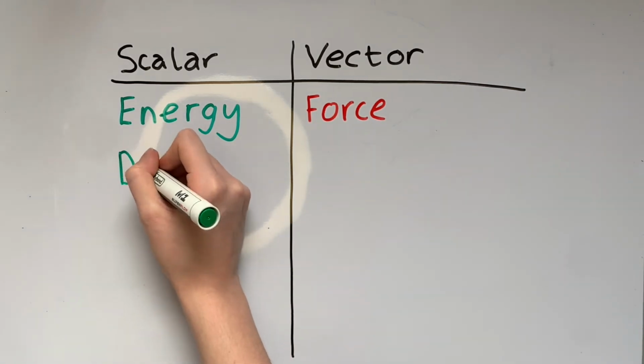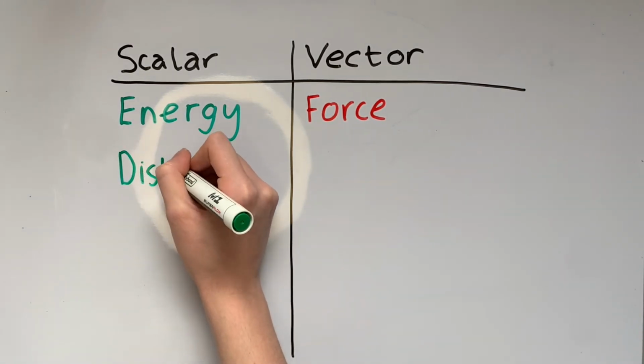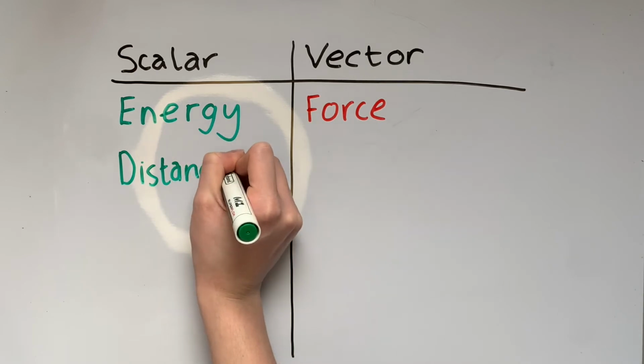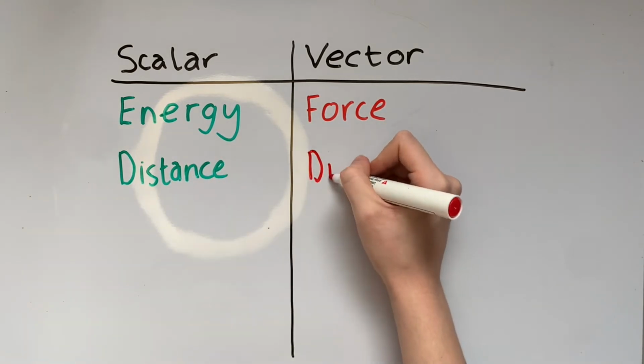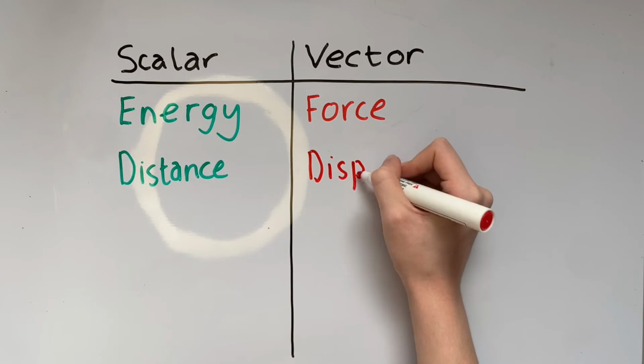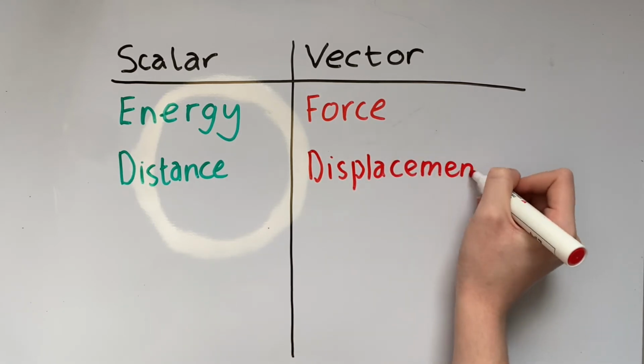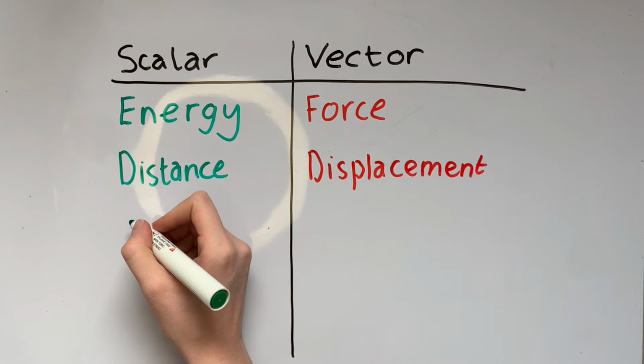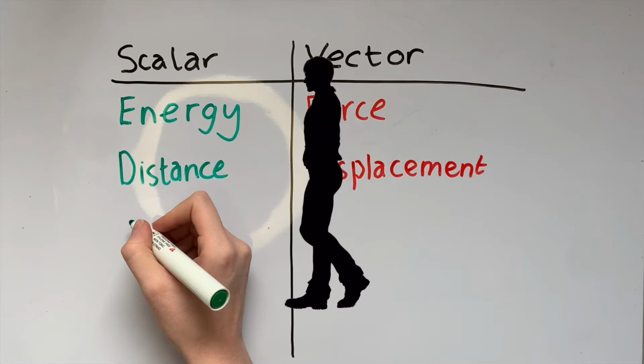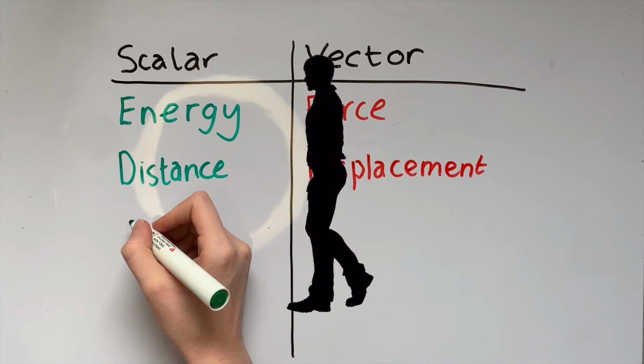Okay, let's have a look at our next 2 examples. The first one is distance and the second one is displacement. Now these are different quantities. Distance only tells you the length of something. So for example, the distance you may walk to school every day.